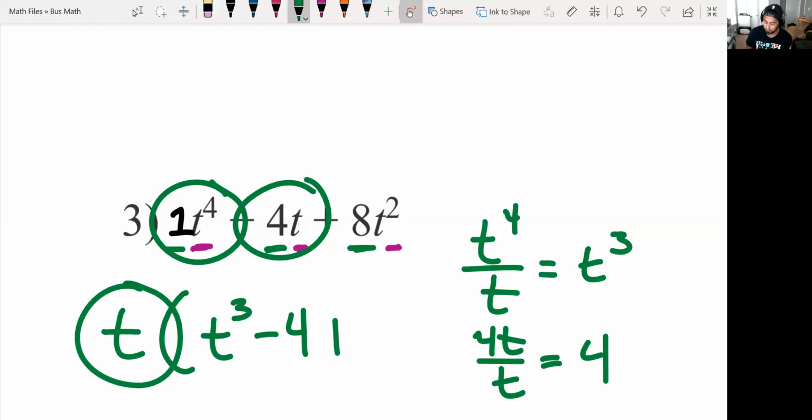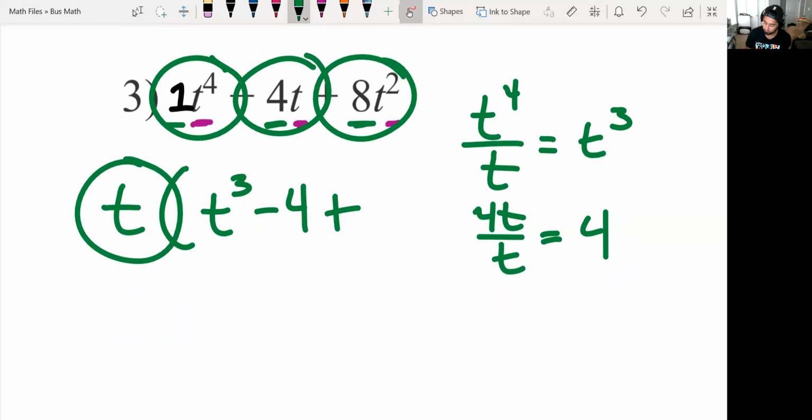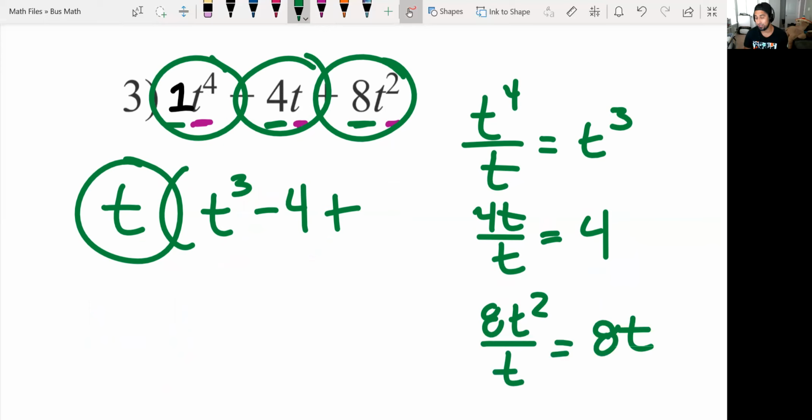And then plus t from 8t squared, that would just leave me with 8t. Close parentheses.